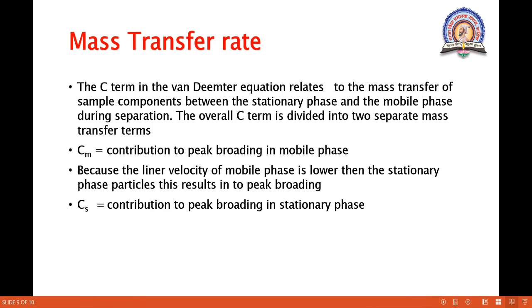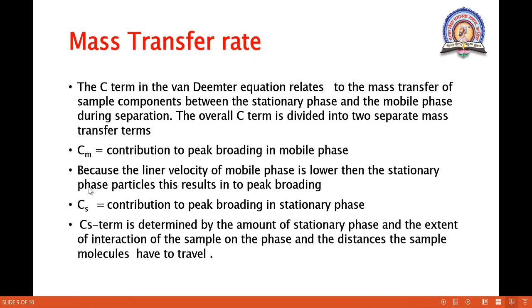Cs is the contribution to peak broadening in the stationary phase. So M stands for mobile phase and S stands for stationary phase, and C is the contribution to the peak broadening. Okay. The Cs term is determined by the amount of stationary phase, the extent of interaction of the sample on the phase, and the distance the sample molecules have to travel.